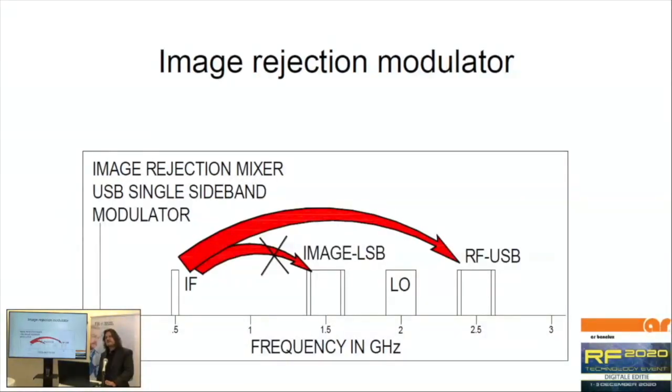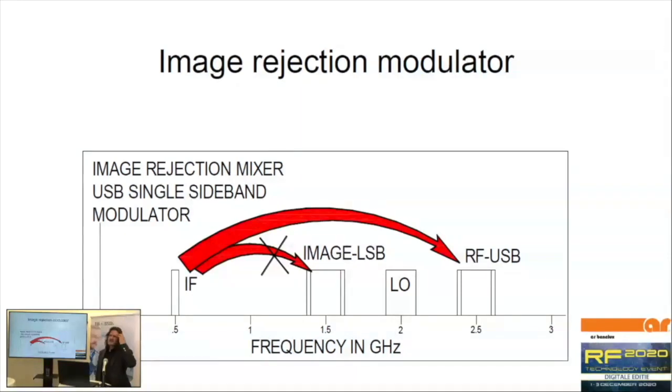Then we get to the part where it says image rejection modulator. Sometimes instead of mixer, the manufacturer will use the naming modulator. And in this case, that means it is going to up convert your signal. So it's IF towards RF.